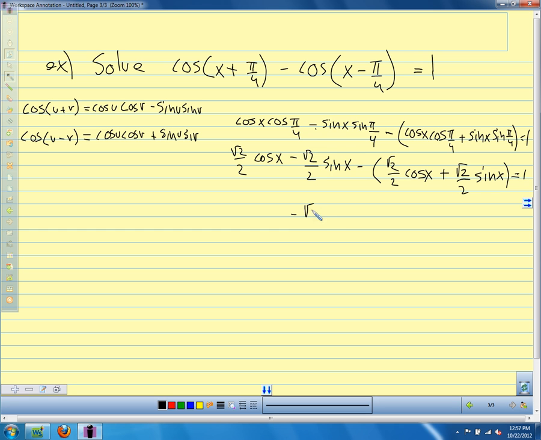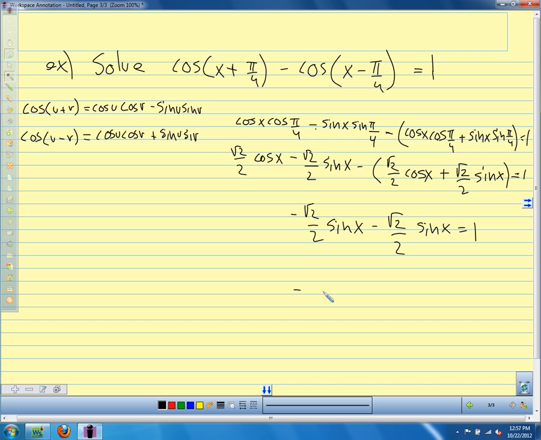So I get minus square root of 2 over 2 sine x minus square root of 2 over 2 sine x equals 1. The cosine terms add up to 0, so those go away.